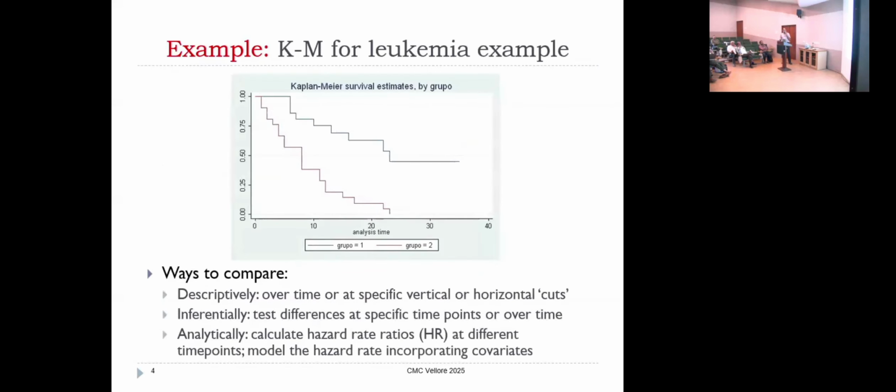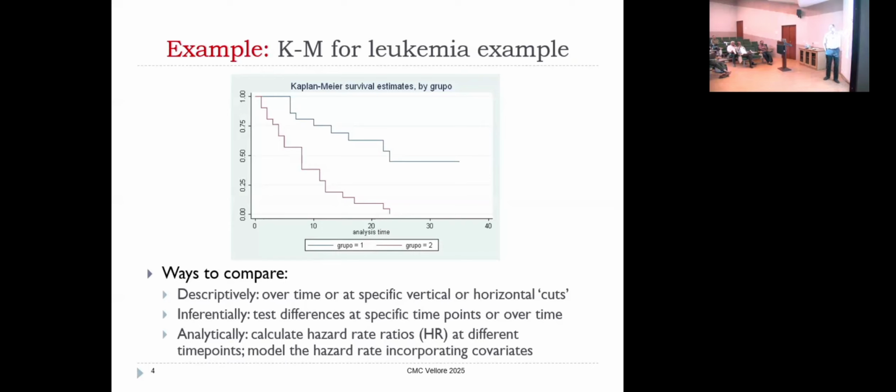Okay. So remember, this is that curve we had. So we can compare these descriptively over time, or if I have pre-specified at a specific vertical point or a specific horizontal cut. So I said, my test, I a priori say that there will be more people dead or relapsed in the placebo by 50% of the time, such and such time, 12 months.